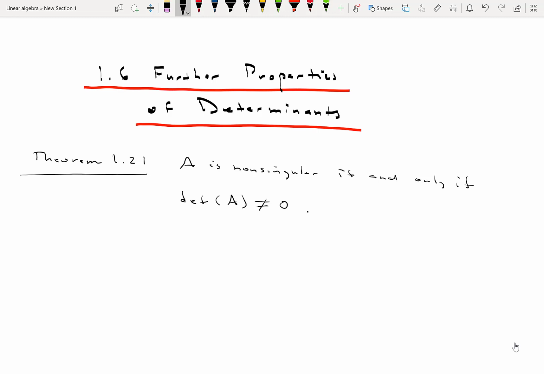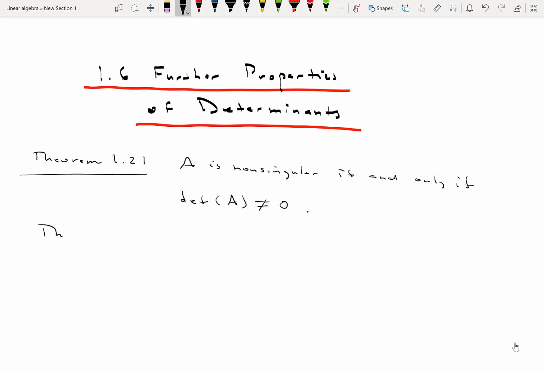They're going to play a big part in our future. A has an inverse, A is non-singular, if and only if this determinant is not 0. So if you figure out the determinant of a matrix is not 0, it has an inverse. And conversely, if you figure out somehow that a matrix is non-singular, then you don't have to evaluate a determinant. You could tell that the determinant is not 0.